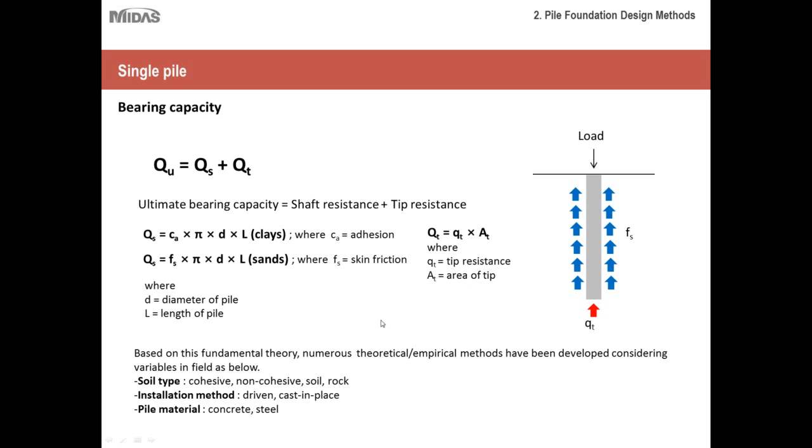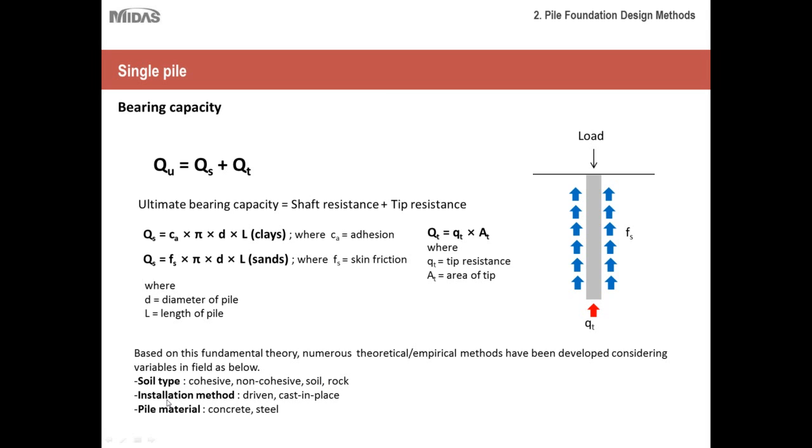Now, based on this fundamental theory, numerous theoretical and empirical formulas have been developed considering the various variables in the field. So based on soil type, whether you are working in cohesive or non-cohesive soil, with rock strata or soil strata, the formulations are different.